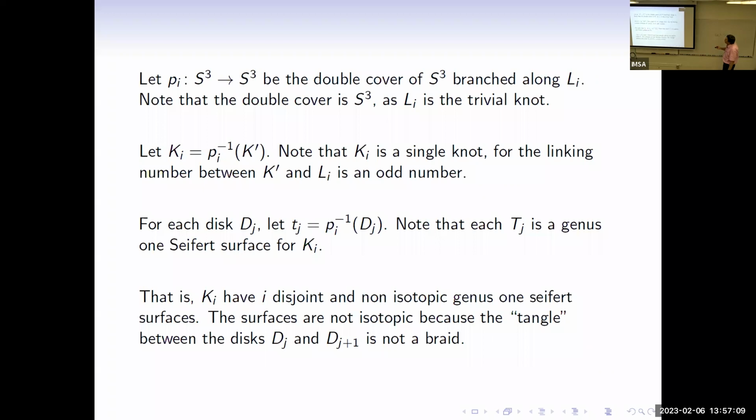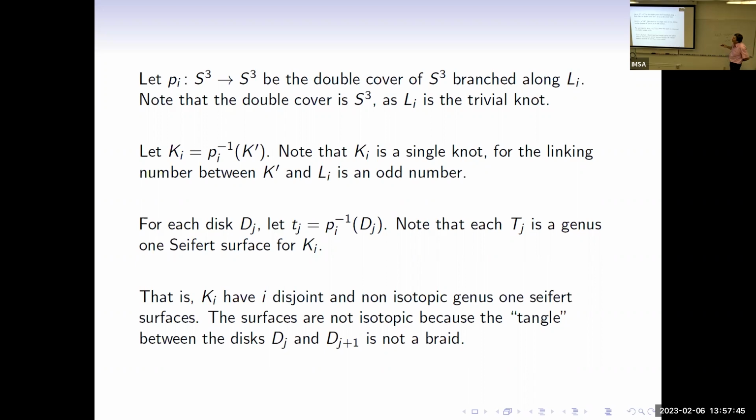Now we take the double branched cover of S3 branched along Li, because Li is a trivial knot. The double branched cover is S3, no? But now we take the preimage of K prime. And because the linking number between K prime and L prime is odd, this K is a single component.